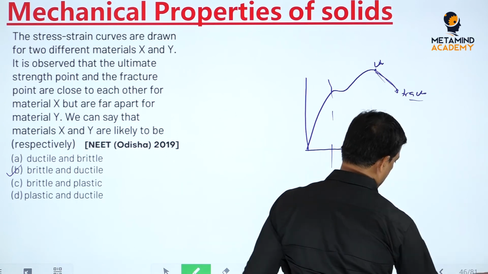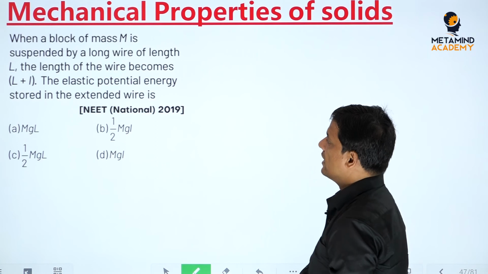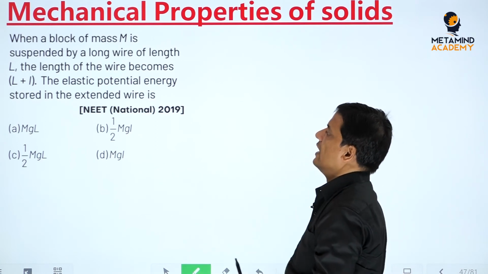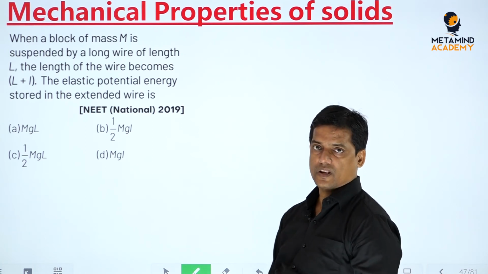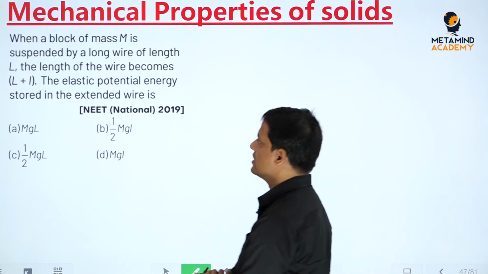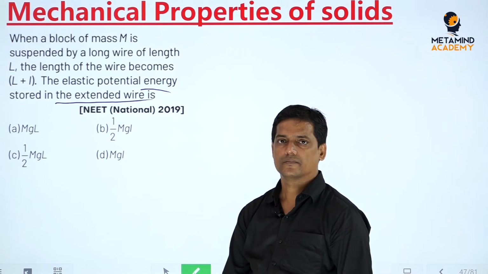Next, when a block of mass M is suspended by a long wire of length L, the length of the wire becomes L plus l. It is elongated by a length l. What is the elastic potential energy stored in the extended wire?